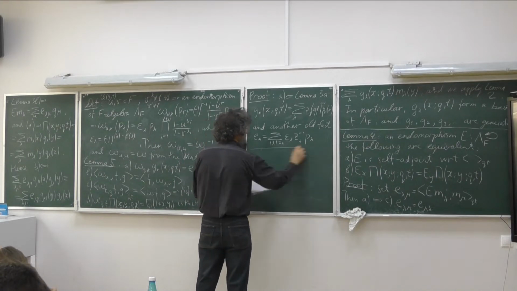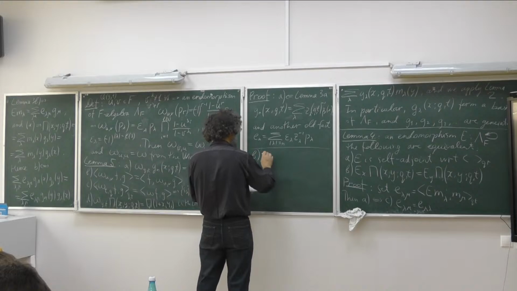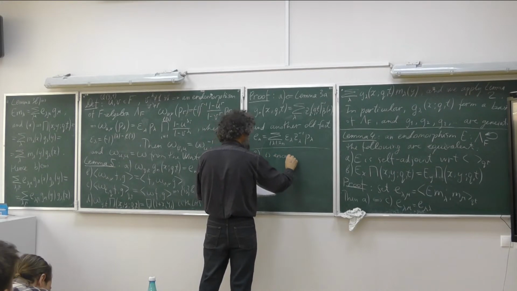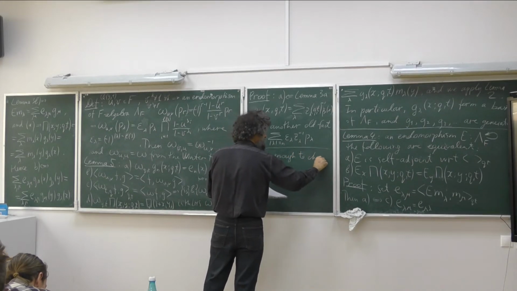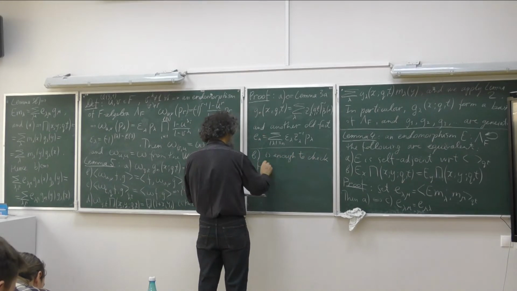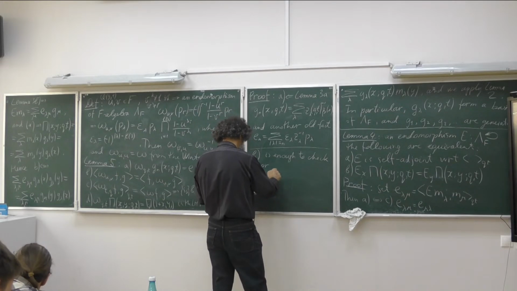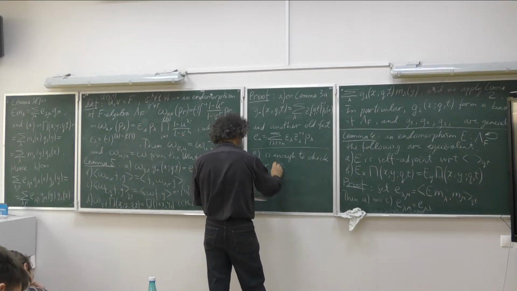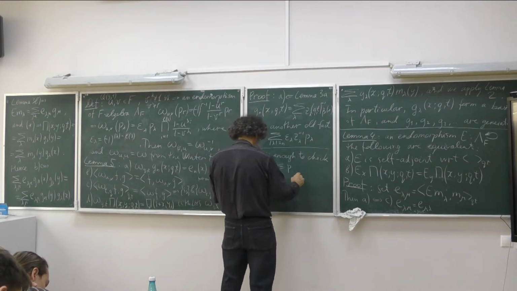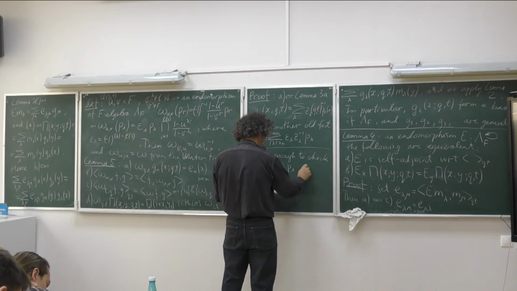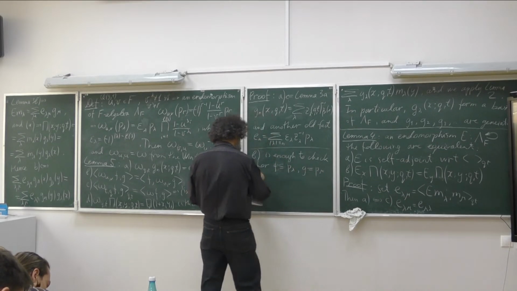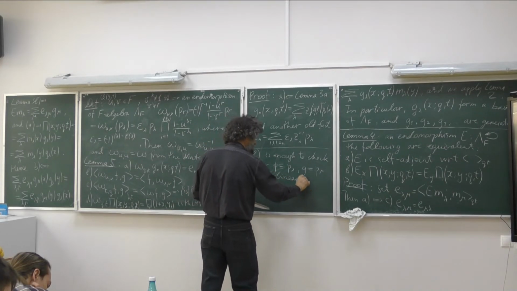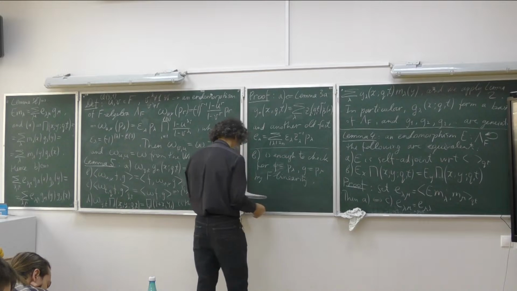Now B is enough to check for f equals p_lambda, g equals p_mu by linearity, and then it's evident.